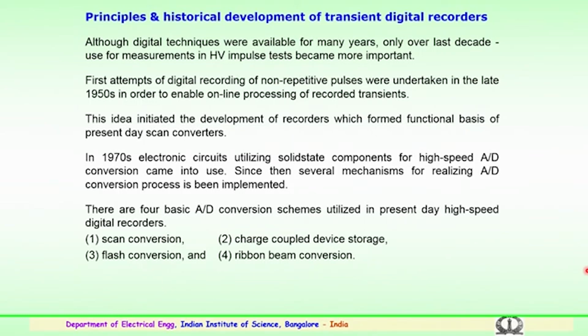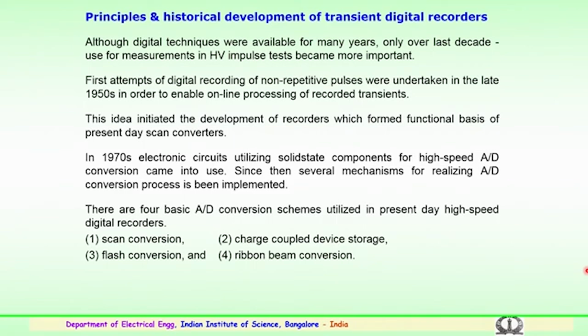The first attempt at digital recording of non-repetitive pulses was undertaken in the late 50s to enable online processing of recordings of transients in the power system network. This idea initiated the development of recorders which formed the functional basis of present day scan converters.